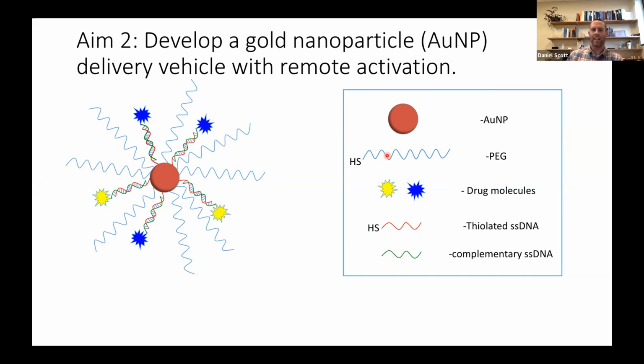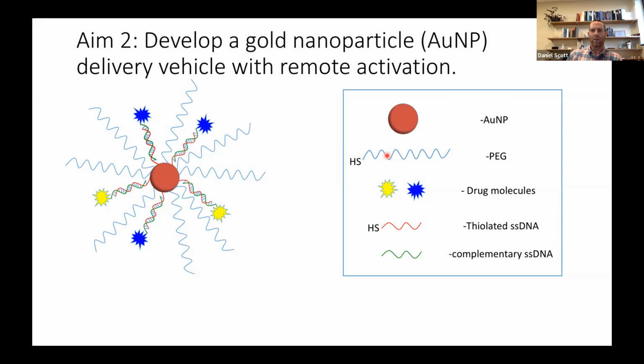And then lastly, gold nanoparticles will actually absorb near infrared light, so wavelengths of about 800 to 1,000 nanometers. Those wavelengths tend to have relatively low absorption from other biological components, and so you can get a little bit of tissue penetration with them.